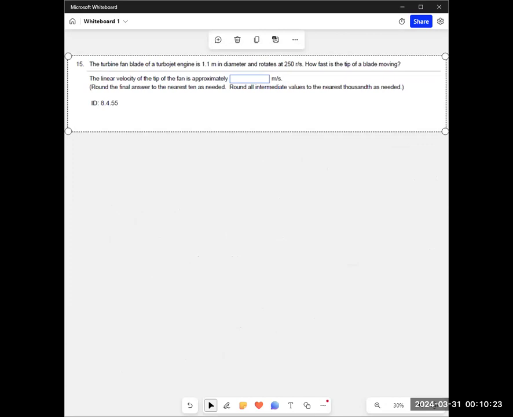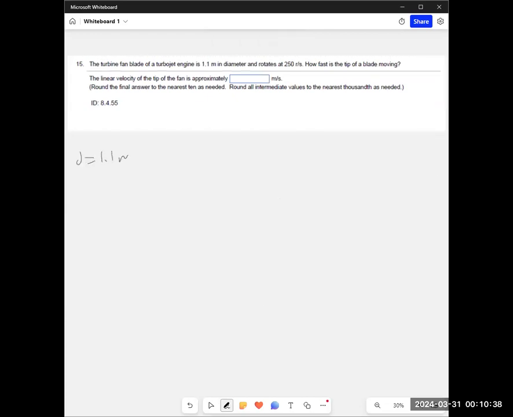All right, here we go. The turbine fan blade of a turbojet engine is 1.1 meter in diameter. So D equals 1.1 meters, which is going to be 0.55 meters for a radius.